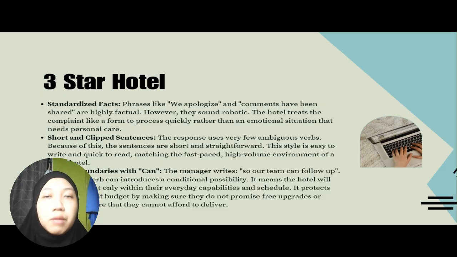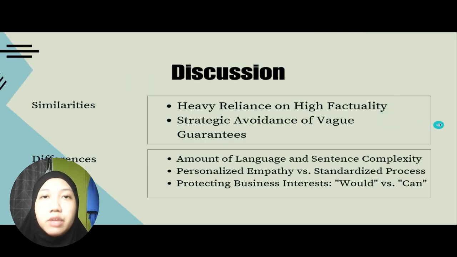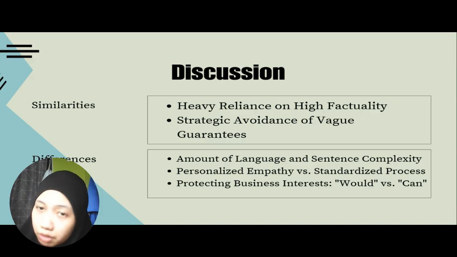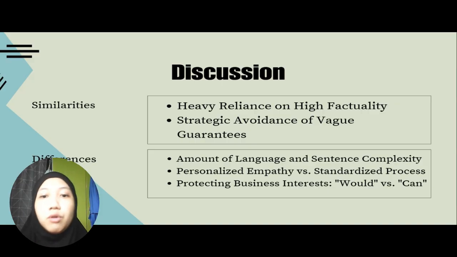But the differences can be seen in the amount of language, meaning the number of words, where five-star responses use more sentences, and in complexity, where the five-star hotel is more complex than the three-star hotel. Also, the five-star hotel uses personal empathy, while the three-star hotel uses a standardized process. They also each have their own way to protect their business interests: the five-star hotel uses "would" and the three-star hotel uses "can."